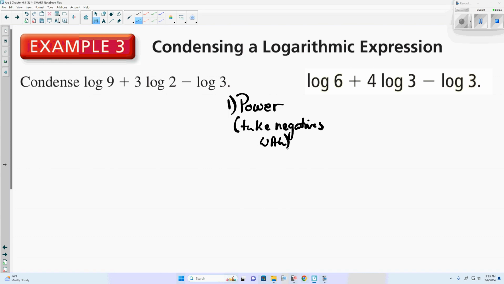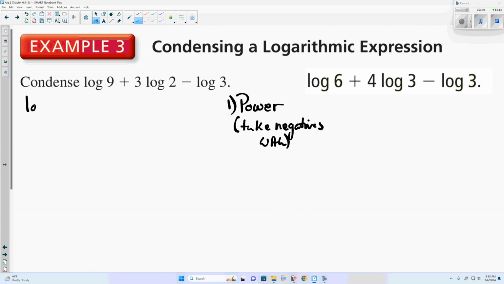I'm going to add this note, take negatives with it. If there's a subtraction, so minus 2 log of 3, minus a number log of 3, or just minus the log, I'm going to treat that like a power. So we always start with the powers.